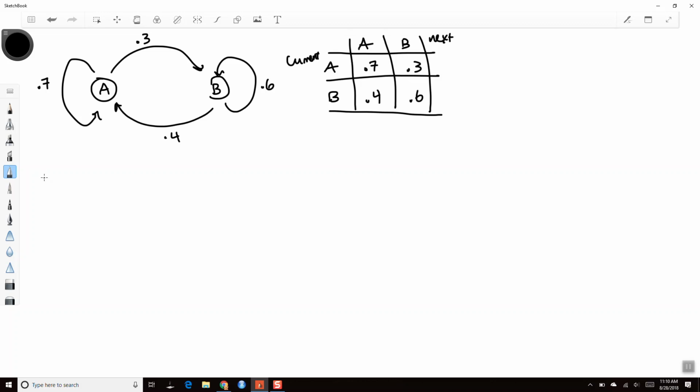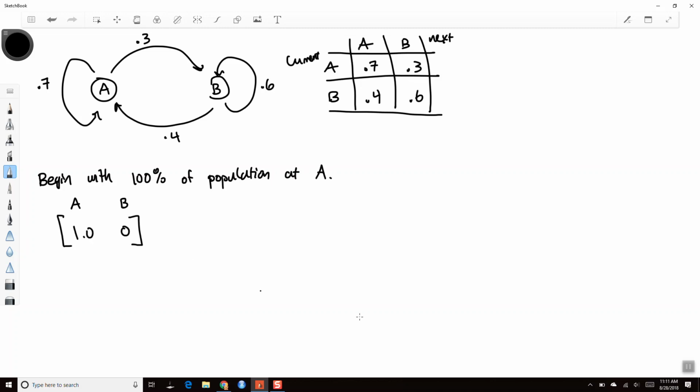So let's just say we begin with 100% of the population at A. I can represent this with a vector and put in 1.0 and 0 here.